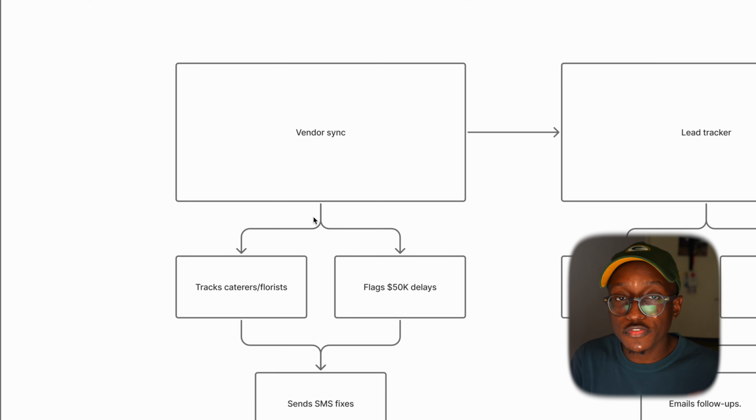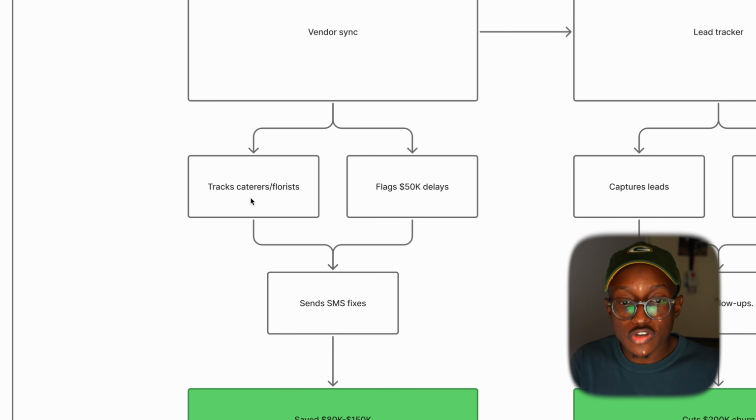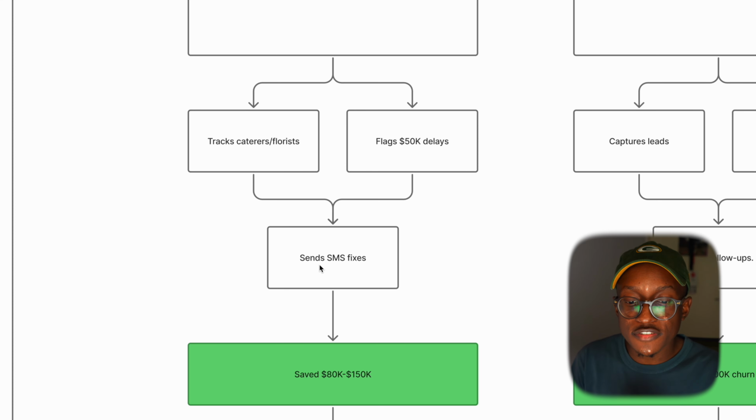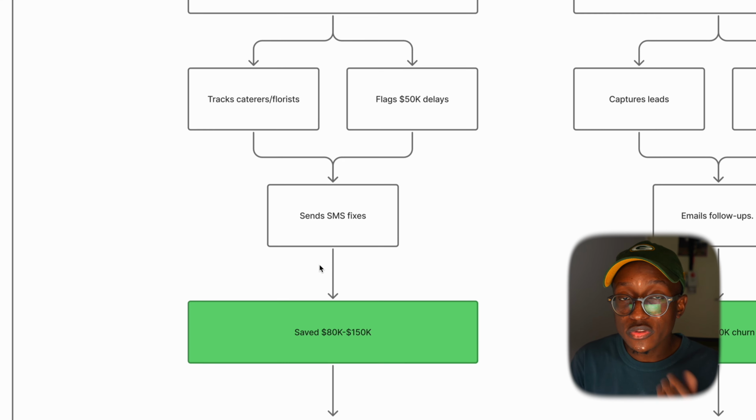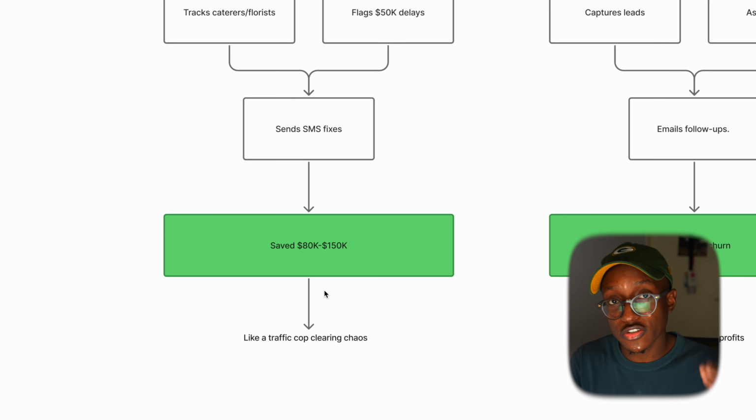For example, if you're in an events business, you can see this vendor sync system where it tracks caterers and florists and also flags 50K delays and then sends SMS fixes to your admin dashboard so that you're understanding, hey, there's something wrong within our system, and it urgently alerts you to know that, hey, this needs your attention right now. What this ultimately is aimed to do is to save between 80K to 150K per year. And then, like a traffic cop, it clears your chaos for you.